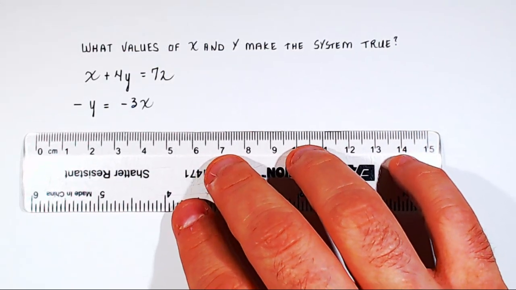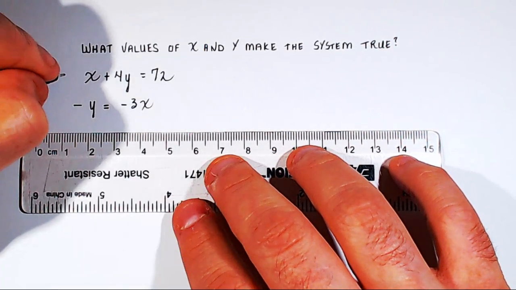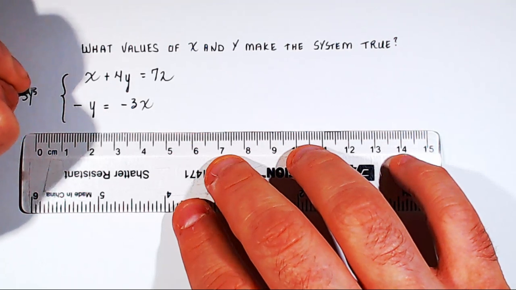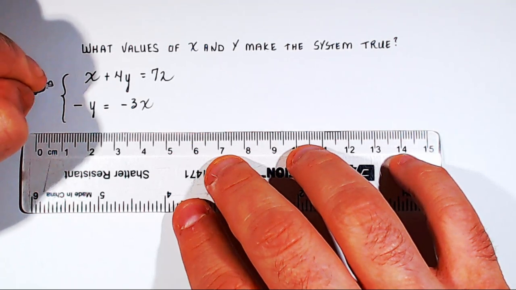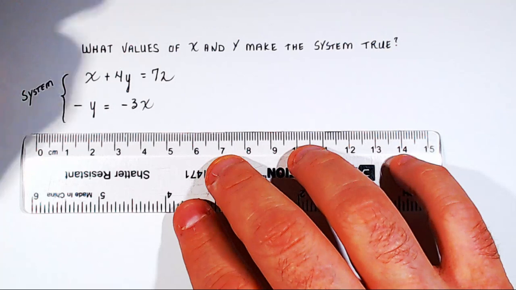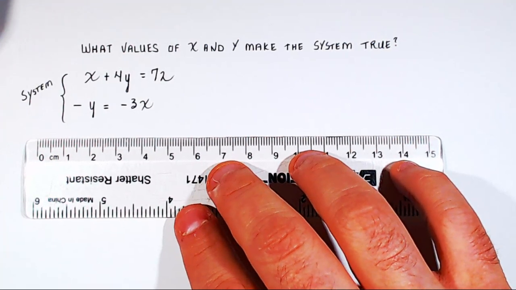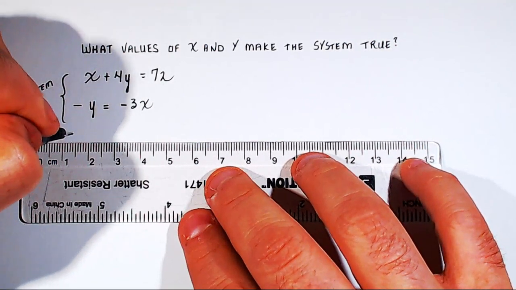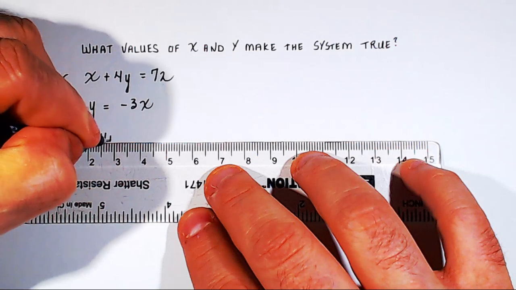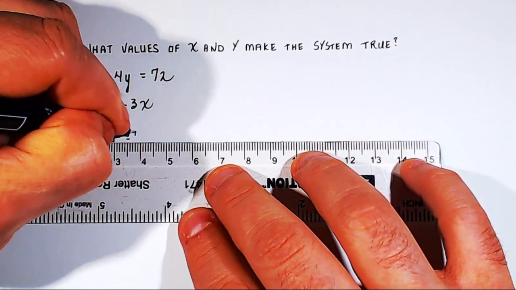Okay, so this is my system again. And I'll just need to get both of these in y equals form. So I'll take the first equation, x plus 4y equals 72.